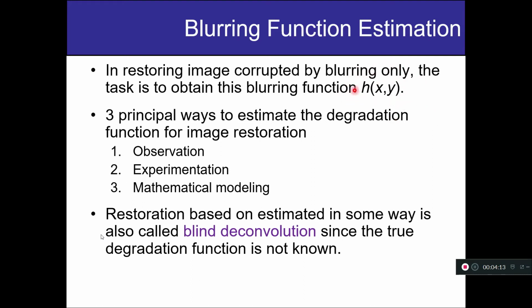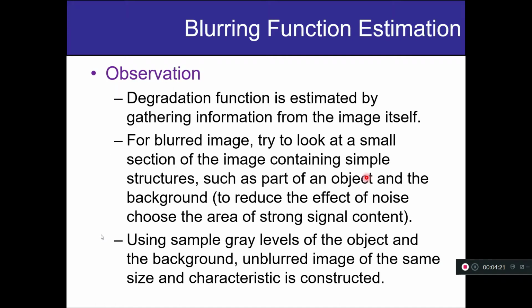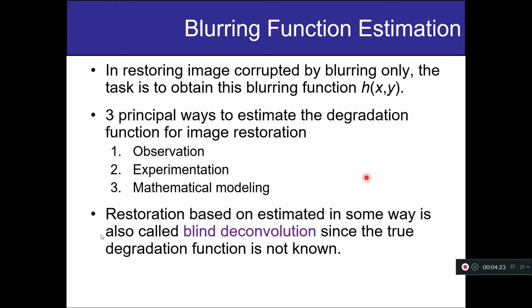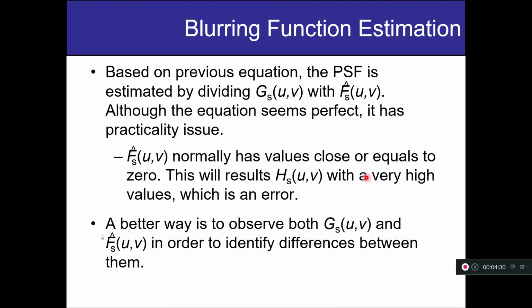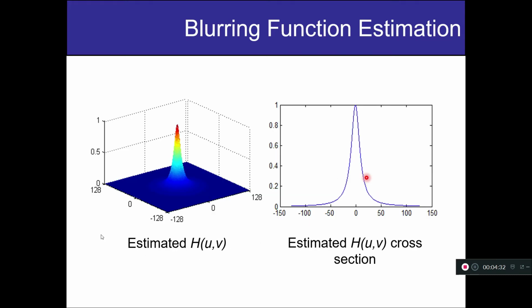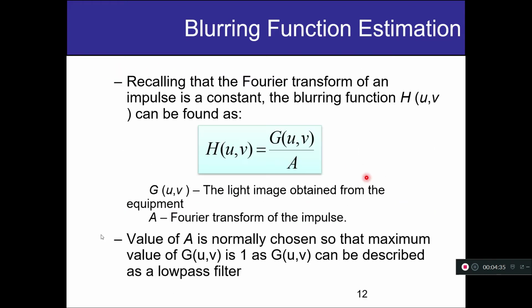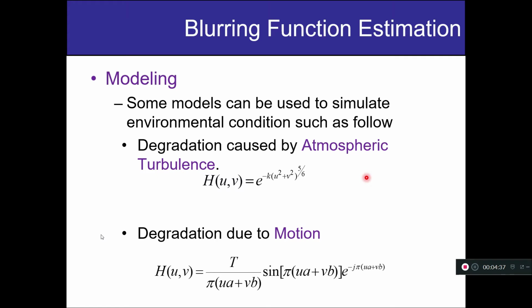Once you know H, it's easy to find a way to reverse the process, so you can get F hat, the predicted output after doing the restoring process.